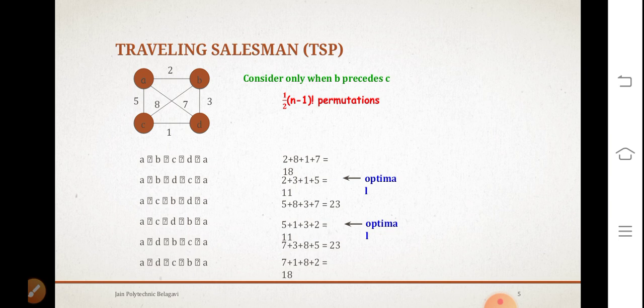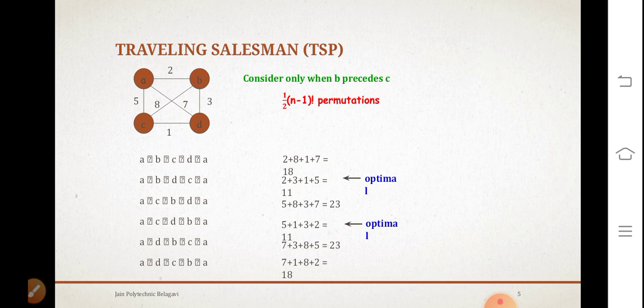Among these we need to identify the optimal solution, because optimal in the sense that to travel all those cities it should cost us less. That kind of shortest path we need to find.